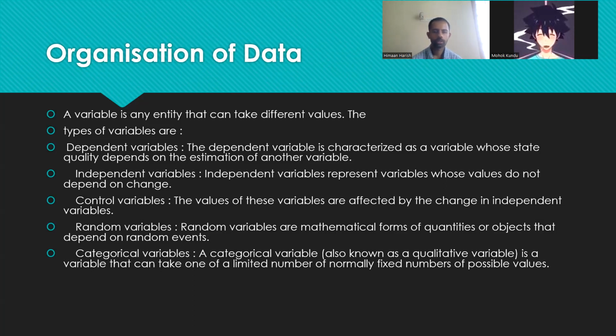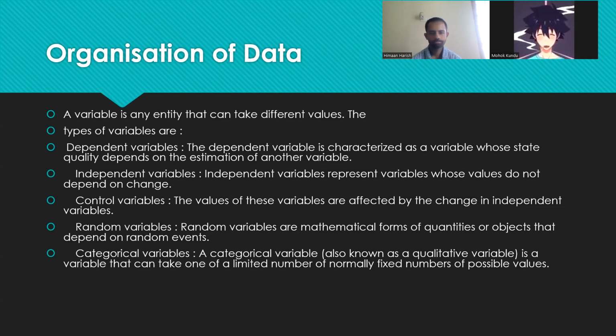What can be termed as independent variables? Independent variables represent variables whose values do not depend on change, right? And a dependent variable is characterized as a variable whose state depends on the estimation of another variable.